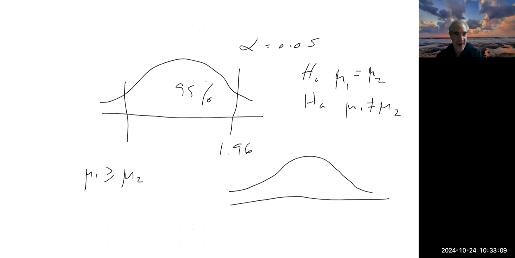Let me situate this right here. Actually, let me get this example instead. Less than or equal to in this case, okay? So that would be our null, since it contains the equality. And our alternative is mu1 strictly greater than mu2, let's say, right?